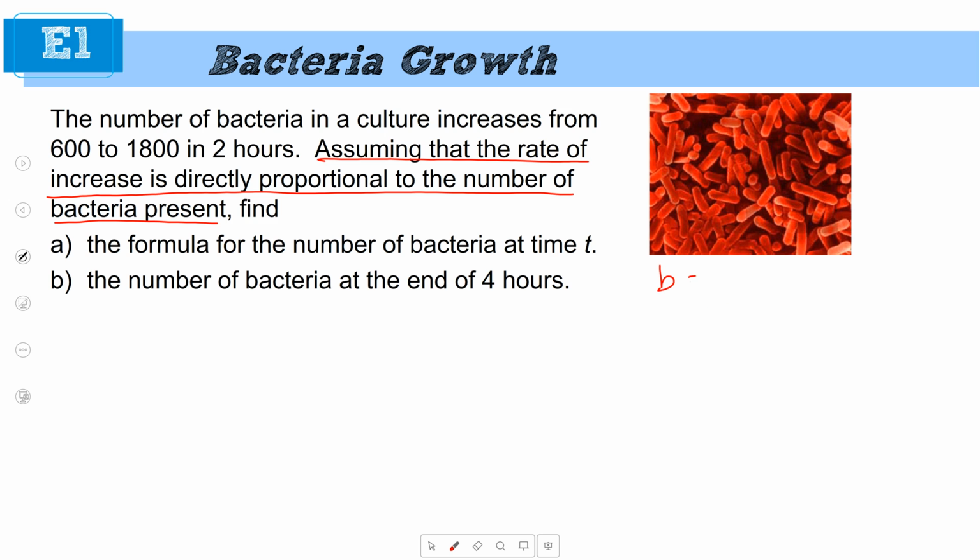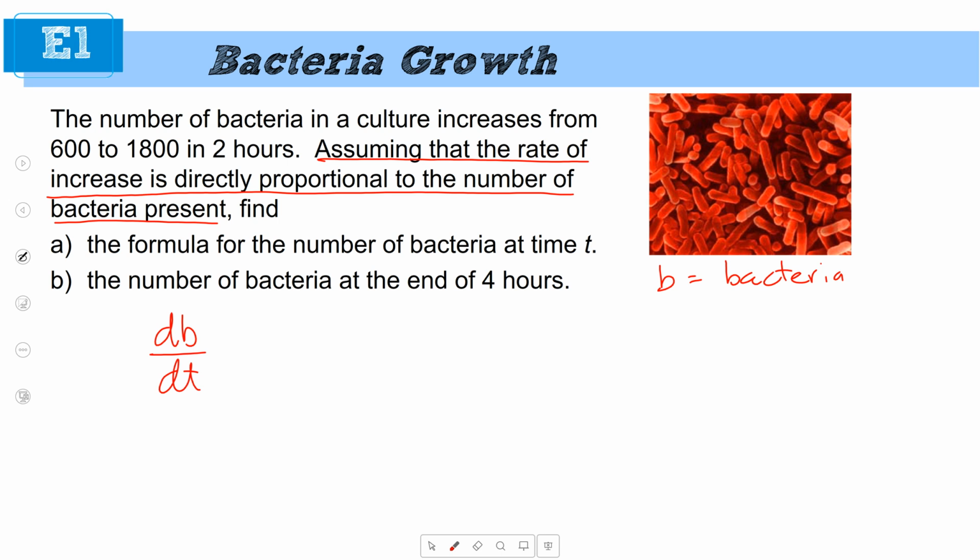Okay. I'm going to choose little b to represent the number of bacteria. Right. And I'm going to use k as the proportionality constant. So, assuming the rate of increase, it's a rate, so it's going to be a derivative. dB/dt.